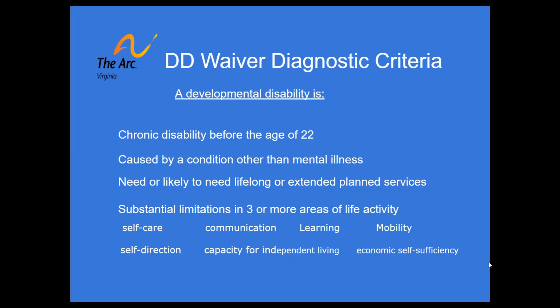The person needs or likely will need lifelong or extended plan services. They must have substantial limitations in 3 or more areas of life activities compared to another person of similar age without a disability. And not all people with a developmental disability will qualify for the DD waiver.